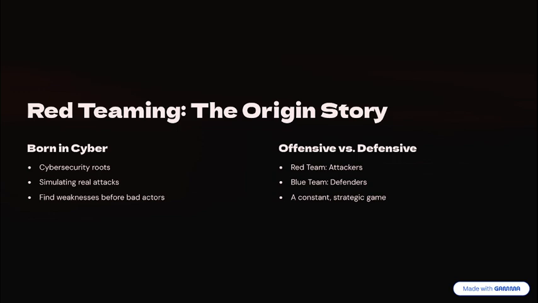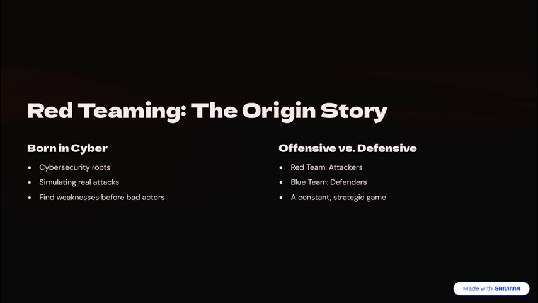What does AI red teaming basically mean? What is its history? Red teaming is a term that was popularized in cybersecurity, but it comes from the roots of military strategy, in which planners needed a way to test defenses by thinking like an enemy.